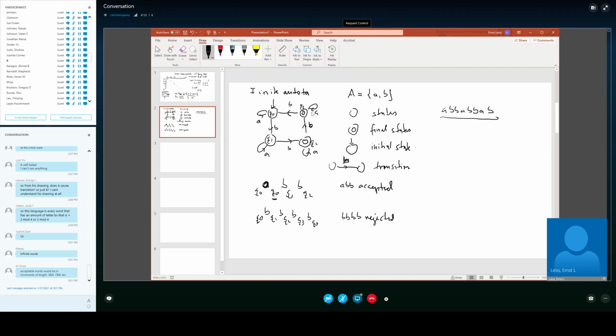If we have 3 B's, we get to Q3. And then we can go around again. So the number of B's has to be a number that is either 2 or 3 modulo 4.